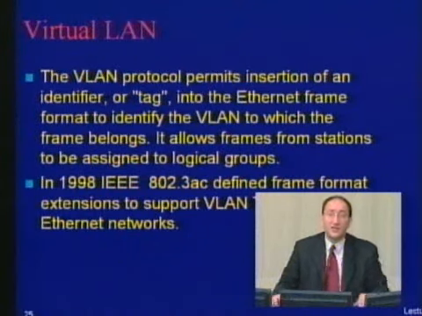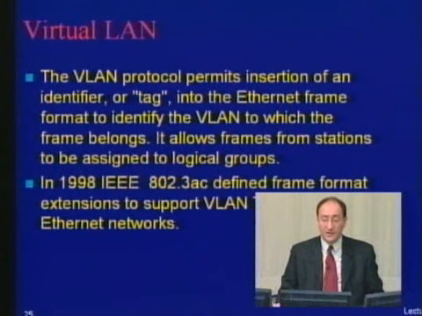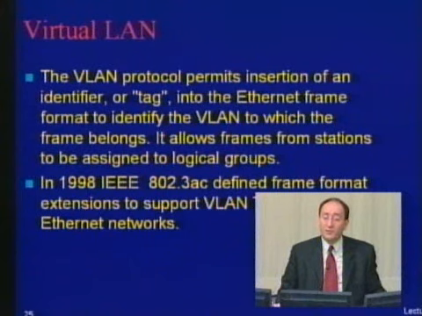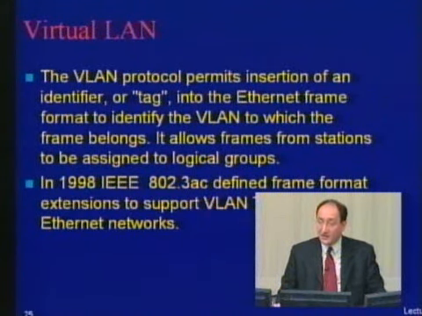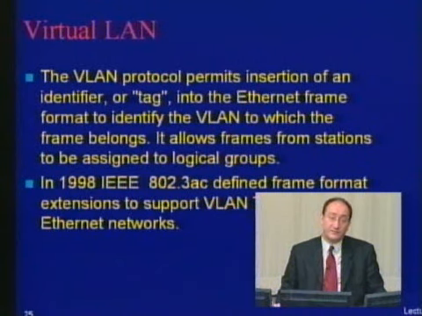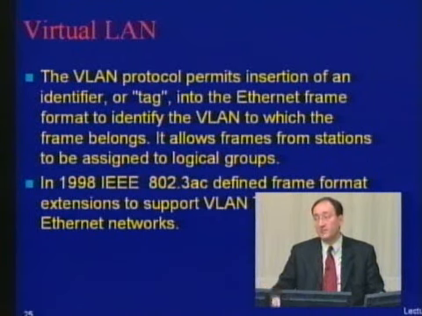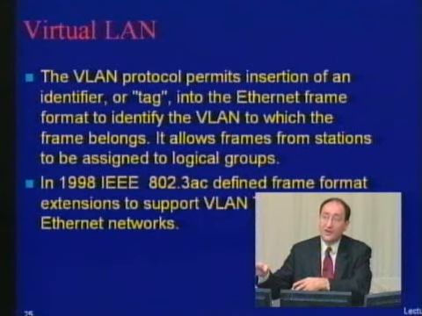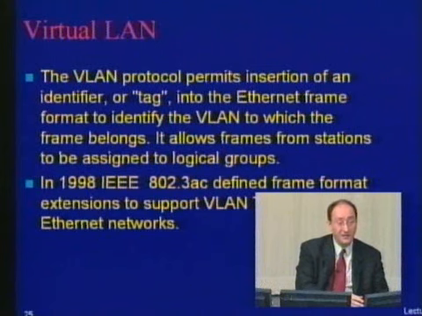The next issue is the issue of virtual LAN. And I will just tell you what it is, and we come back in the next lecture to pick it up. Okay. VLAN protocol permits adding a tag so that you can have virtual local area networks. Who wants to use virtual local area networks? I mean, I'm sitting at my home, on my Ethernet at home, and I want to connect it to Ethernet in WPI.